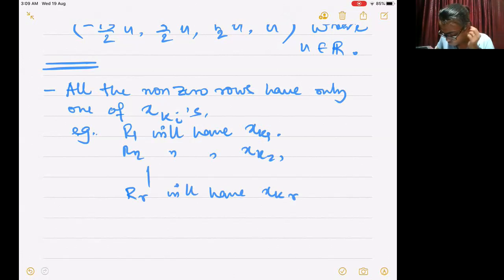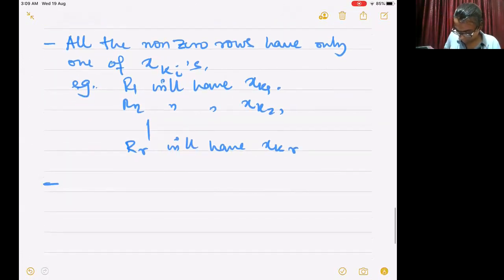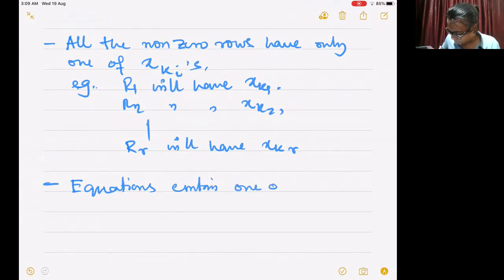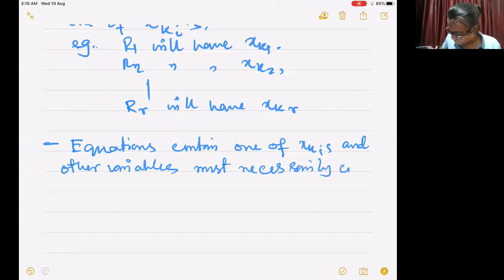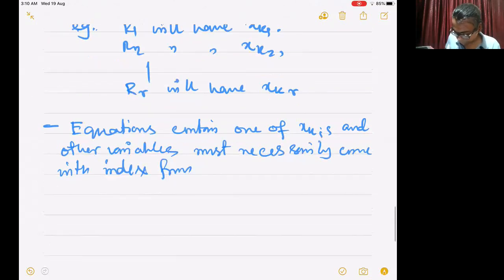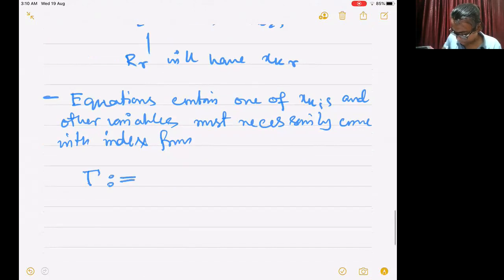In these equations, each contains one of the x_ki's, and the other variables must necessarily come with index from, notice carefully, this set gamma, which is defined as 1, 2, 3, up to n.